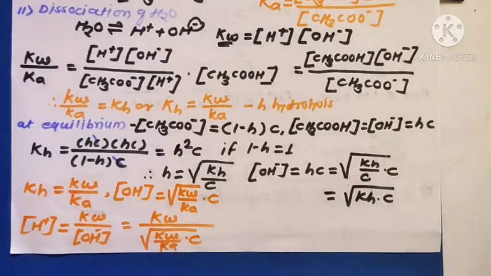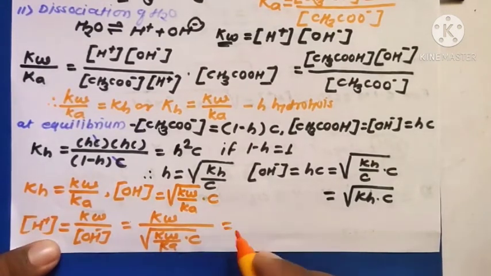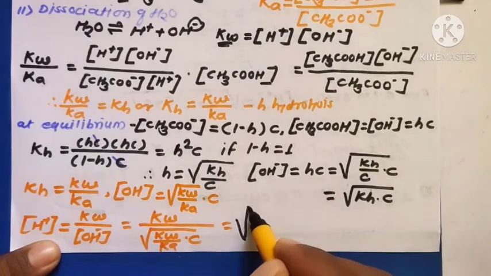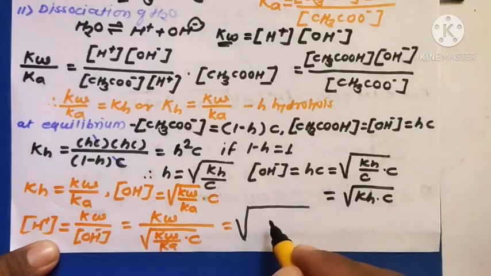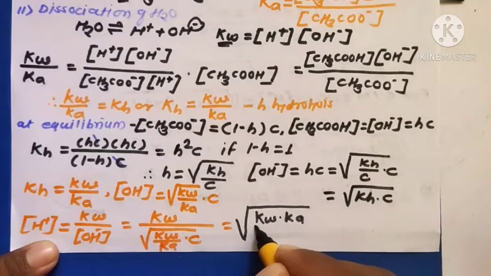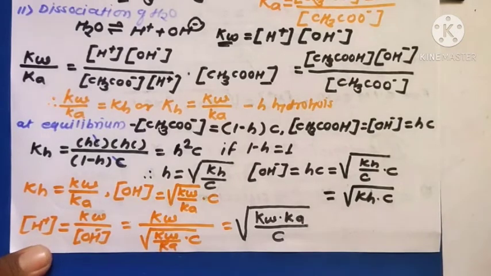Therefore it will get under root Kw into Ka divided by C.